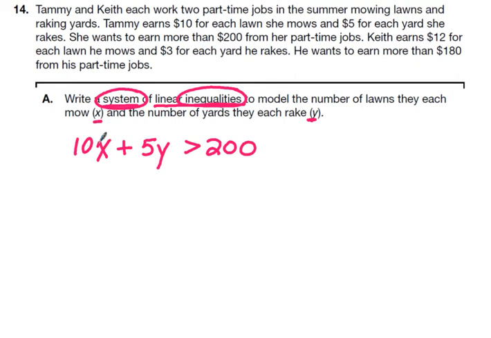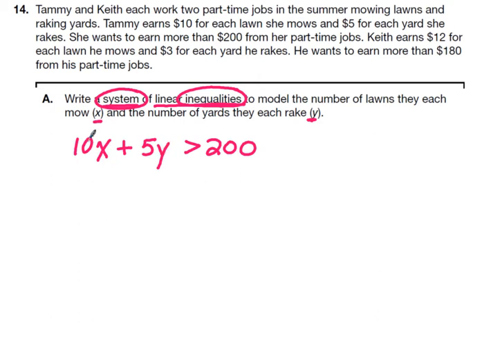Then you multiply the 5 and the y, because 5 is how much money she earns for each yard that she rakes, multiplied by the number of yards she's raked, which is unknown right now, so we fill in a y.